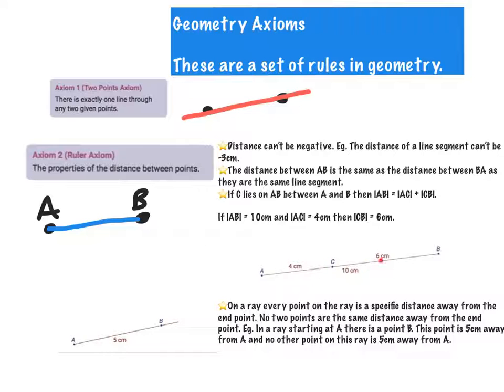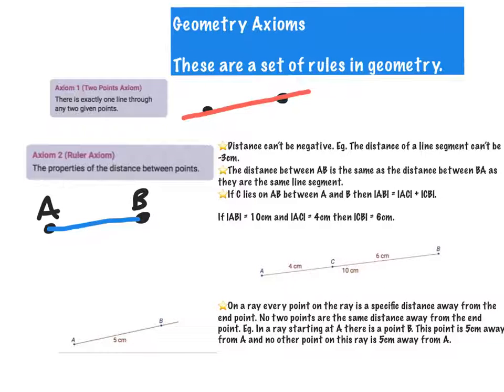So that means that CB must be 6, okay? Because this whole line is 10. And we know that as C is on this line, the distance between A and C and the distance between C and B, if they are added together, has to be the same as the distance AB, okay?